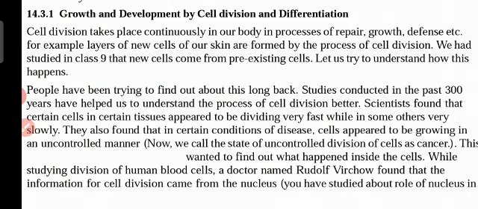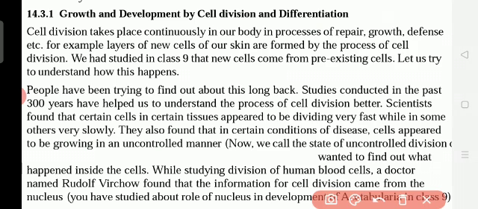Okay. Cell division takes place continuously in our body in the process of repair, growth and defense, etc. For example, when we get a wound in the body, when our leg is fractured, or we have some scratches, some accidents take place, at that time also cell division takes place.